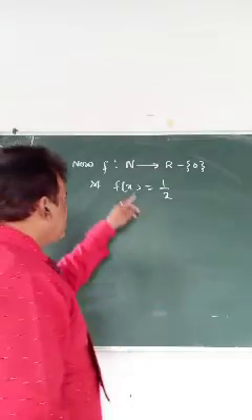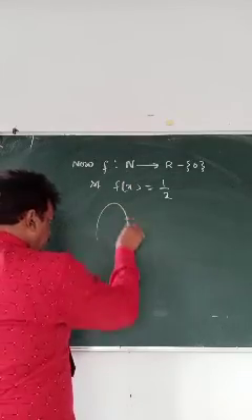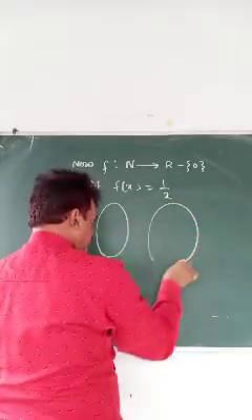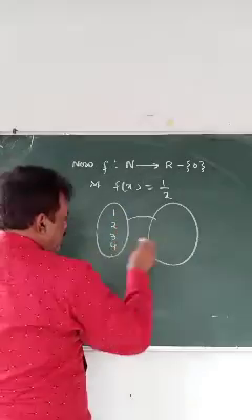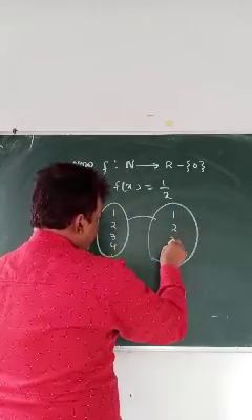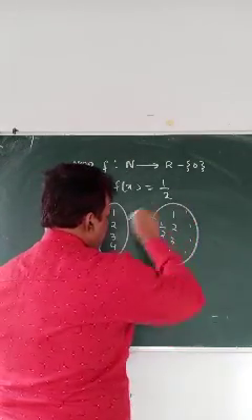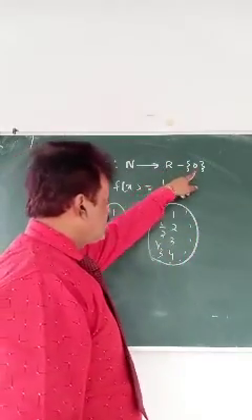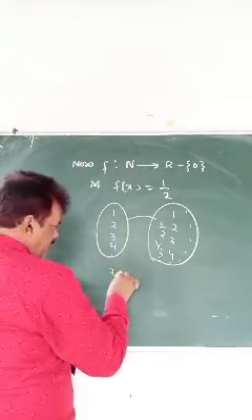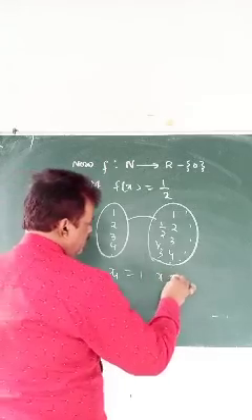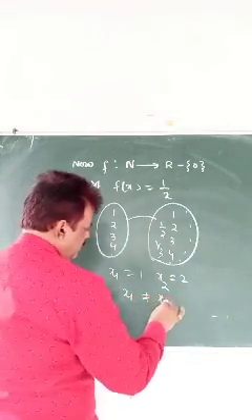Look at here, it is possible that when you take natural numbers 1, 2, 3, 4 like this, 1 by 2, 1 by 3, so many things you will find here because that is real number except 0.